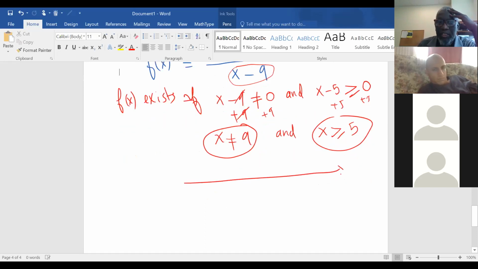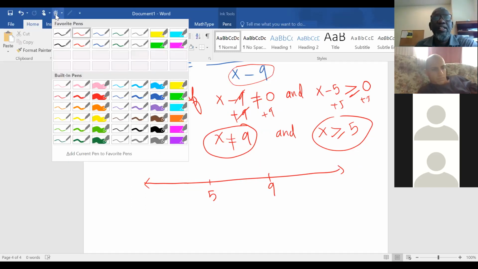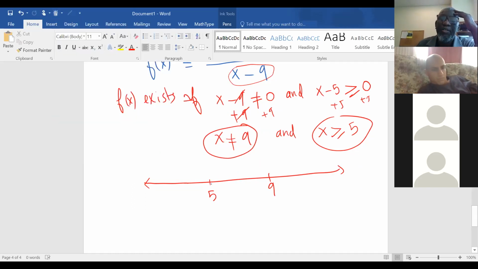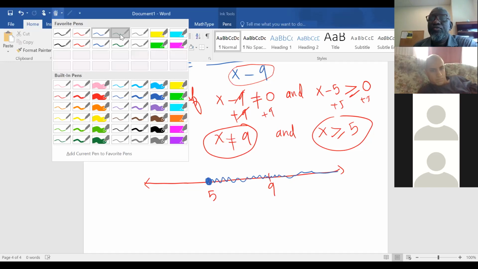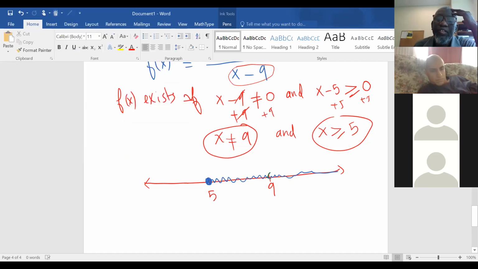Now I have to combine these two to get my domain. You see, if I have 5 here somewhere, and I have 9 somewhere here, first I say x has to be greater than, I mean, than or equal to 5, which means here. But x cannot be what? X cannot be 9. Everybody see that?